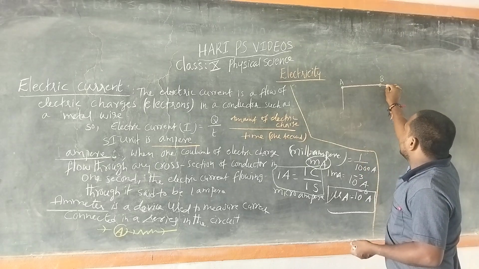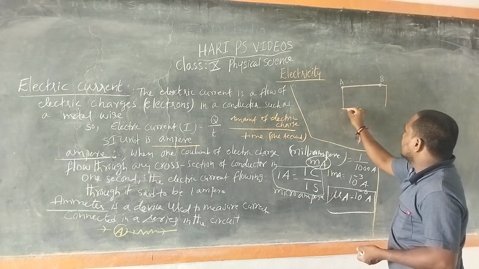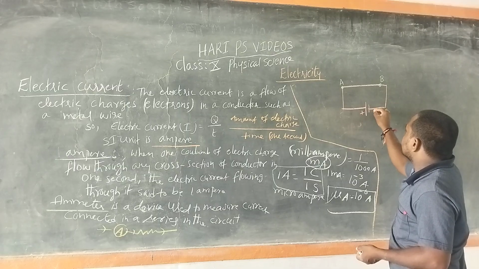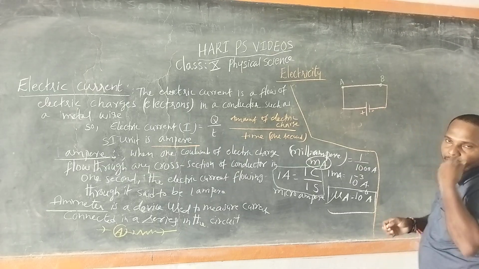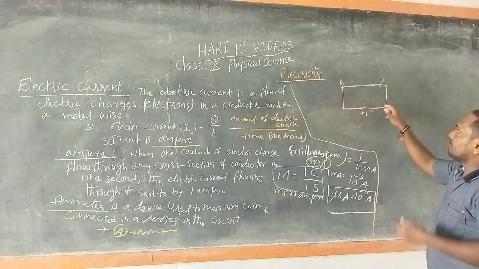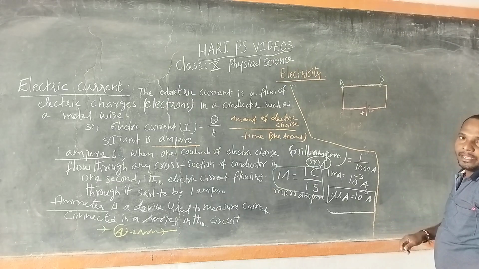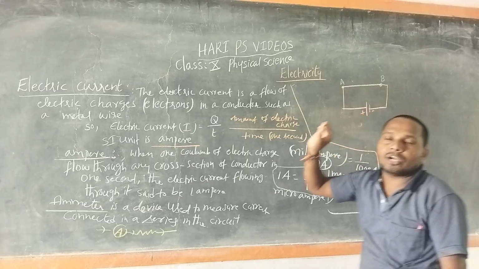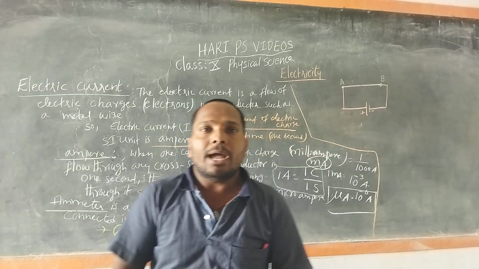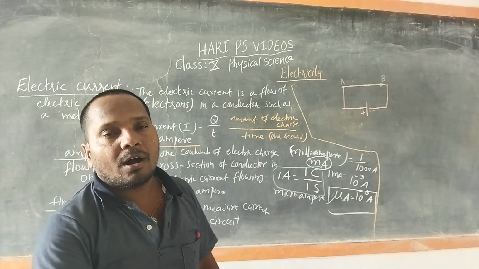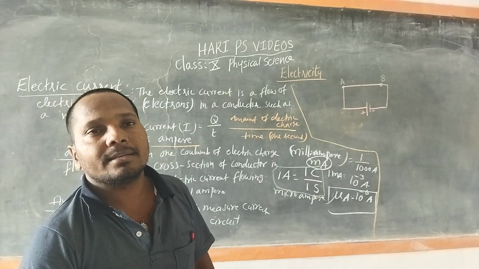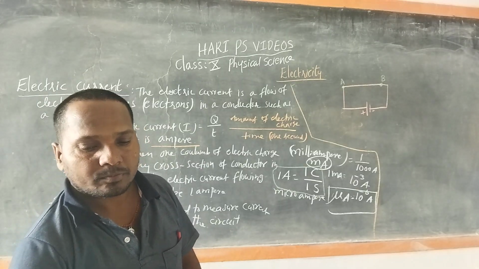This potential difference is obtained by connecting it to the terminals of a cell or battery. When we connect to the terminals of a cell or a battery, a continuous flow of electric charges takes place. As we know, the flow of electric charges in a conductor is called electric current.